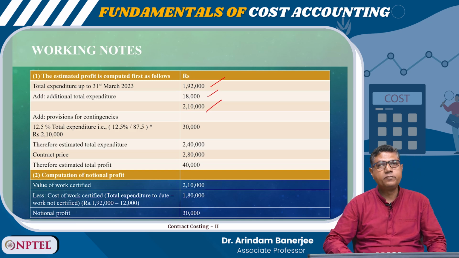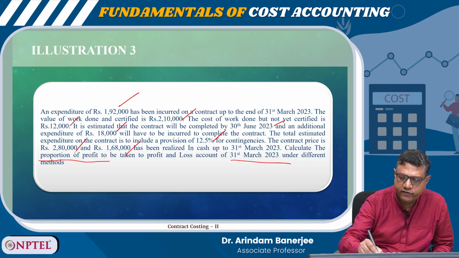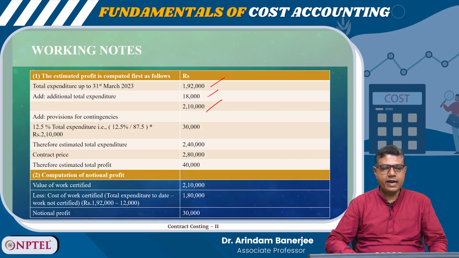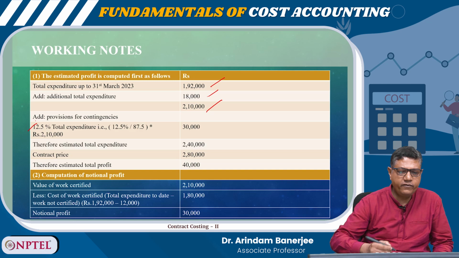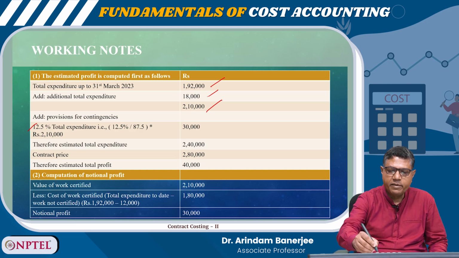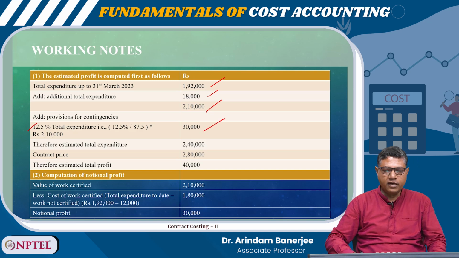Add provision for contingencies, as given in the question, 12.5% of total expenditure. So, it is coming to 30,000.